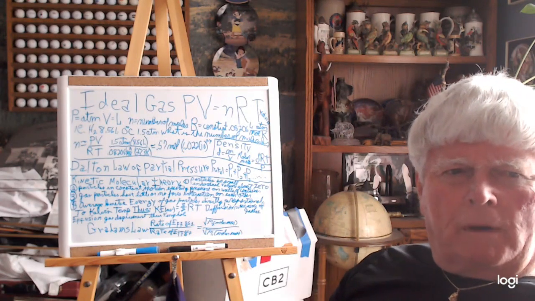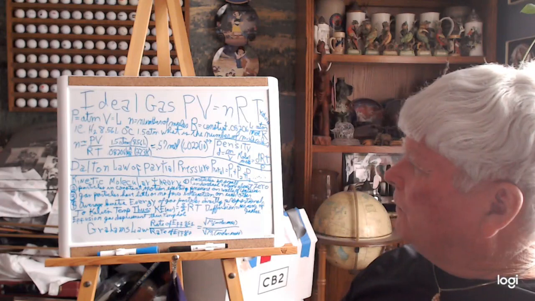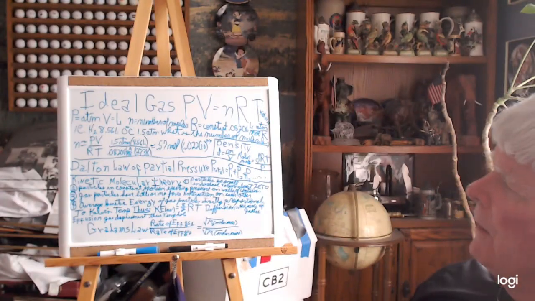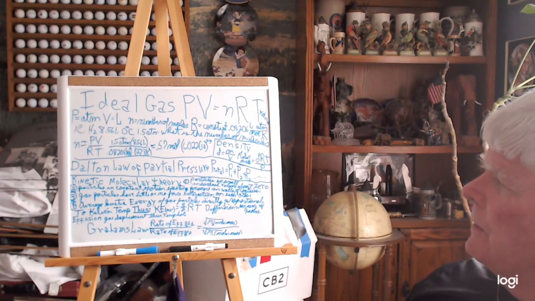And I'll throw a problem at you here. You have hydrogen gas, and you have 8.56 liters of it at 0 degrees centigrade and 1.5 atmospheres. What's the number of molecules? Well, you rearrange your gas law formula and solve for n, and that means PV over RT. Pressure is given as 1.5 atmospheres, 8.56 liters.